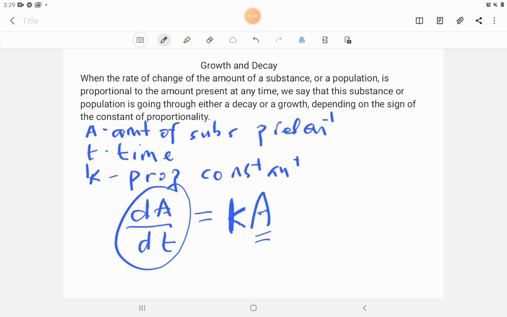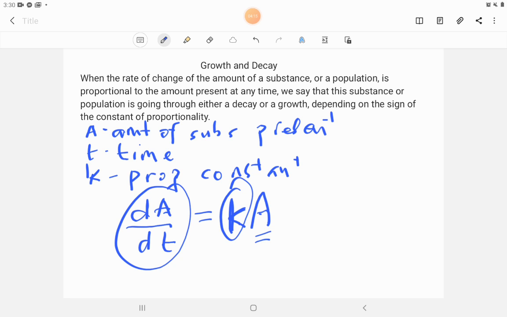and decay. Just the same with Newton's law of cooling, we do not have to place a sign here, positive for growth or negative for decay, in K, because it will later on have a positive or negative sign depending on the givens, depending on the problem.